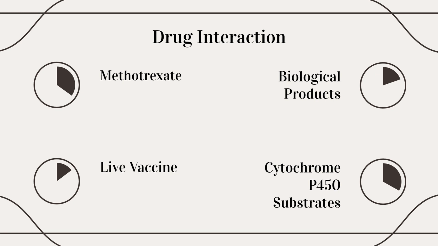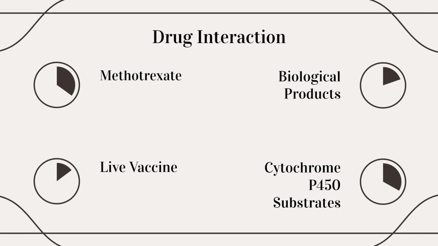In clinical studies in patients with rheumatoid arthritis, an increased risk of serious infection has been observed with the combination of TNF blockers such as Humira with anakinra or abatacept, with no added benefit. Therefore, the use of Humira with these agents is not recommended in patients with rheumatoid arthritis. Also, do not administer any live vaccines on Humira.